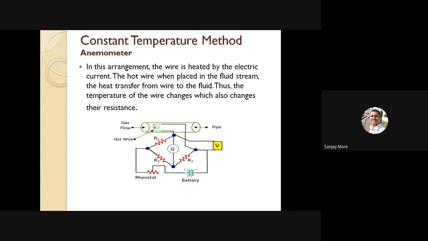The hot wire is placed in the fluid stream, and heat transfers from the wire to the fluid.